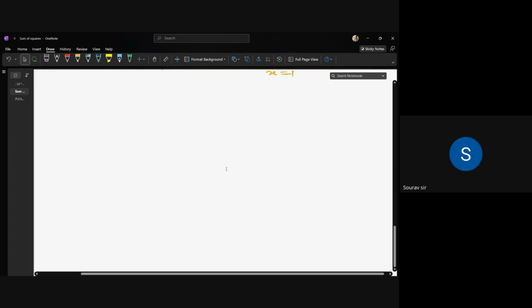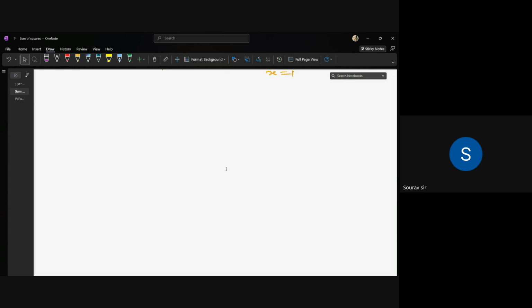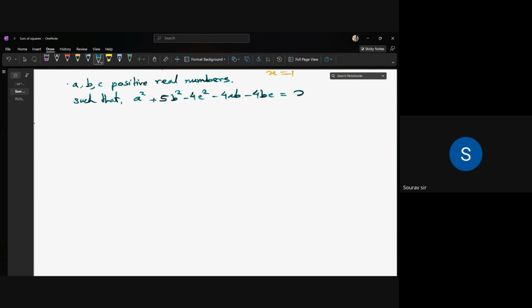So now the next question is: let us consider three positive real numbers A, B, C such that A square plus 5B square minus 4C square minus 4AB minus 4BC equals 0.